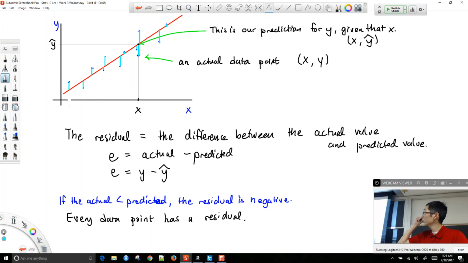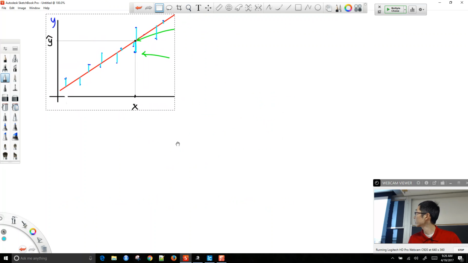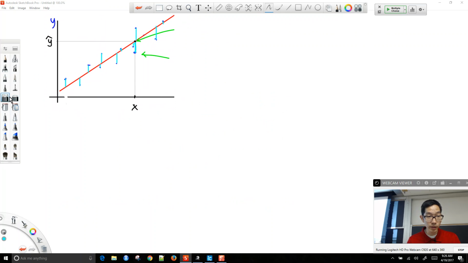Okay, so every data point has a residual, and the goal of linear regression is to find the best fit line, and we're going to define the best fit line as the line that minimizes the total squares of the residuals.